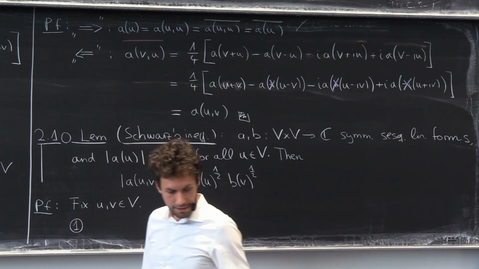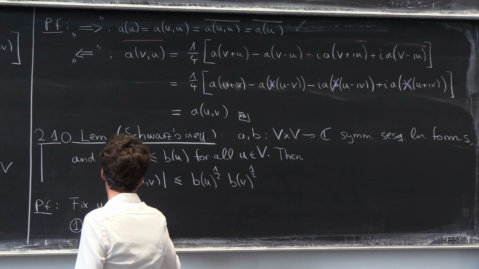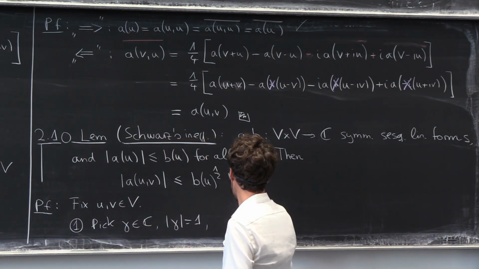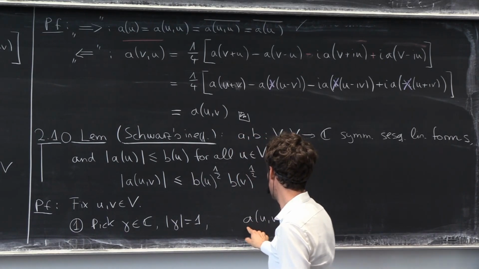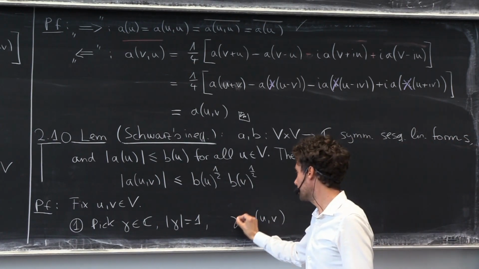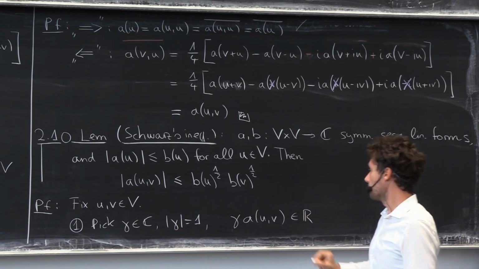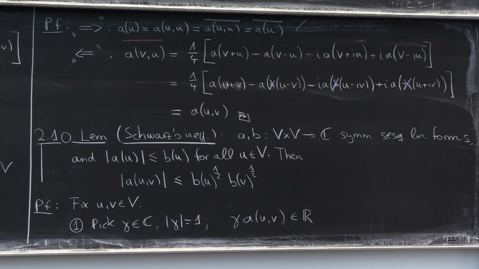Okay. And now the trick goes as follows. I'm going to pick a rotation in the complex plane such that this complex number A of u, v, right? This is a complex number. Now I can use some rotation gamma that will depend on these vectors, of course, such that this guy becomes a real number. Okay. And why is this useful to do that?